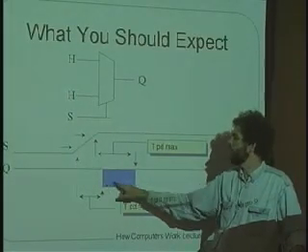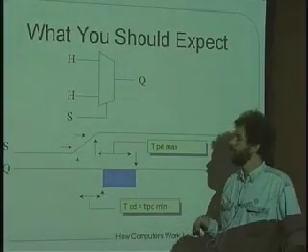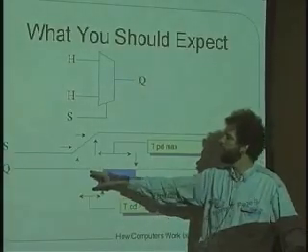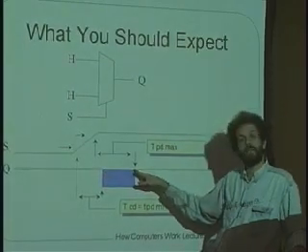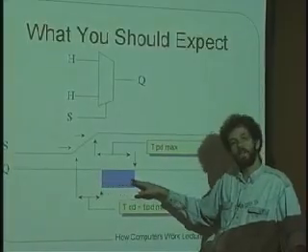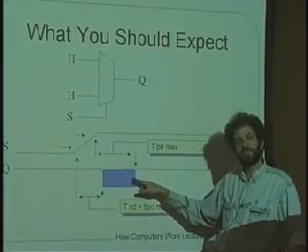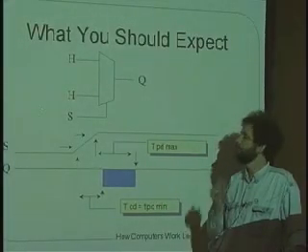During this time on the output, kind of all bets are off. We don't know what the output is going to be because we only guarantee that we'll hold on to the old value of Q up to here, and we only guarantee that we'll start putting out the new value of Q over here. And in between those two times, in general, in logic circuits, we don't guarantee anything at all. Okay?